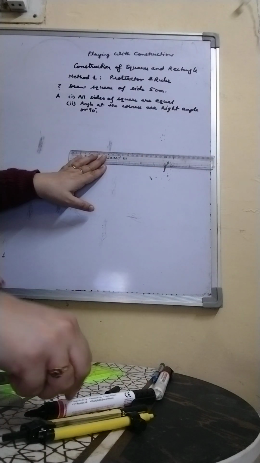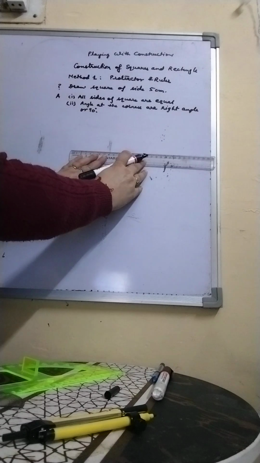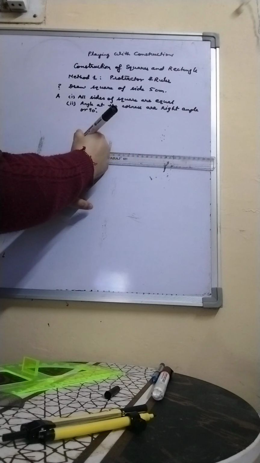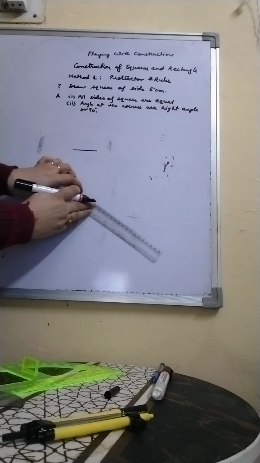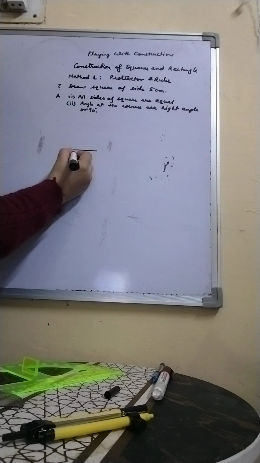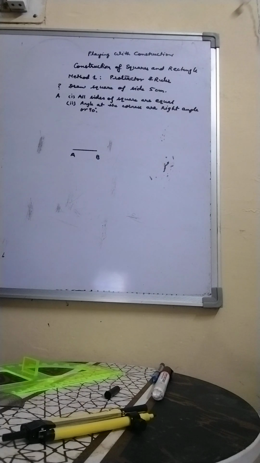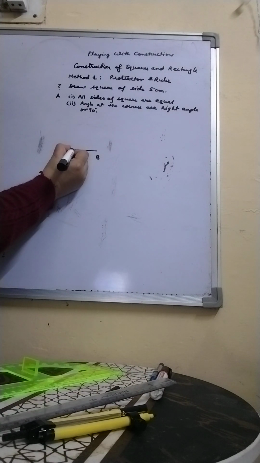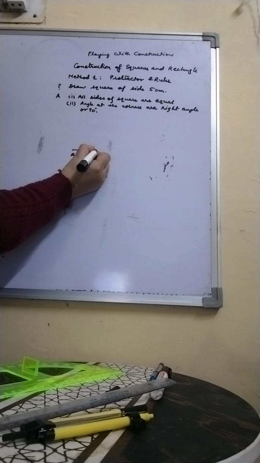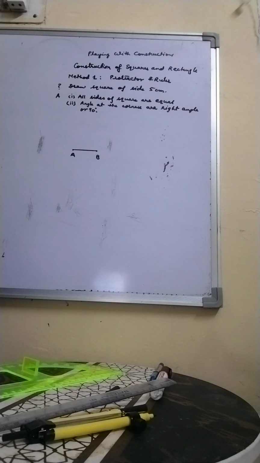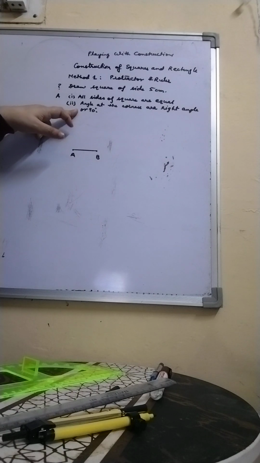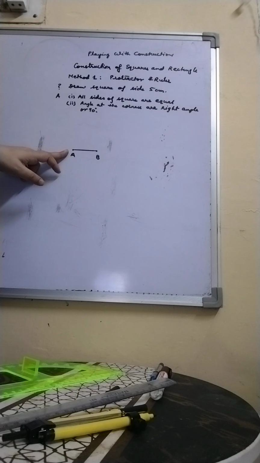So first we will draw a straight line of 5 centimeter. Now naming, you know that it is either clockwise or anti-clockwise. So AB, I have named it. Two corners I have got, one is A and one is B. So what is the property at the corners? At the corners angles are 90 degree.